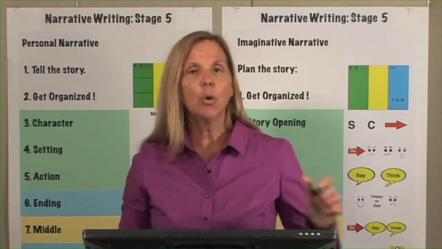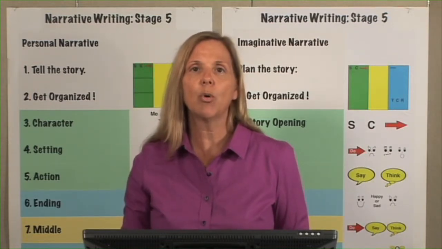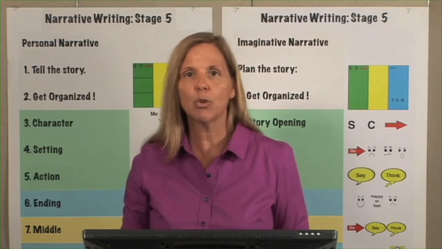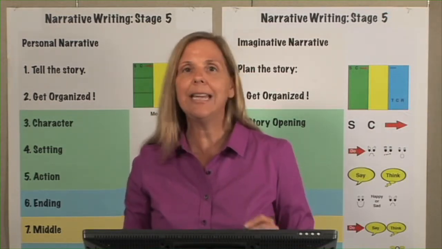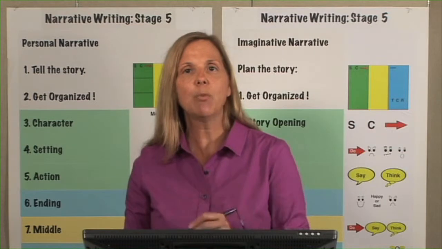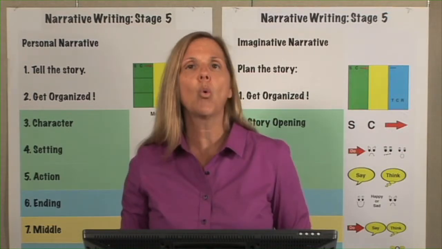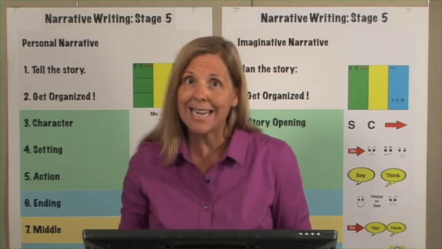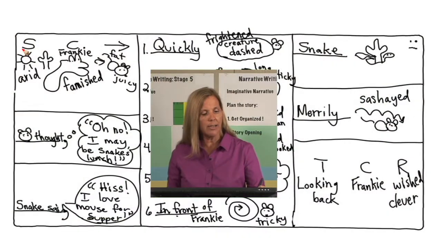At this point, we're going to go back to our sentences and we're going to put the capitals, commas, quotation marks, periods, anything that we need so that when we write, it's right there on our organizer, already planned ahead. On a hot, arid day, I'm going to start with the word on, so I'm going to put the word on there and capitalize the O. Out in the desert, put a comma. Frankie, I'll put a capital there.